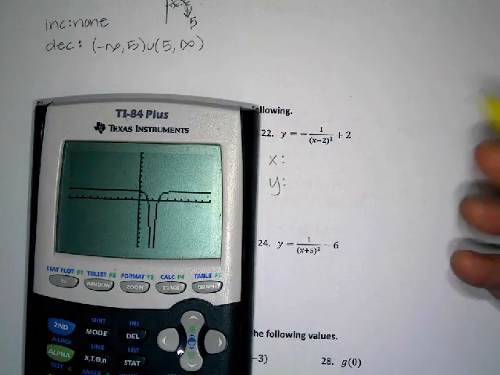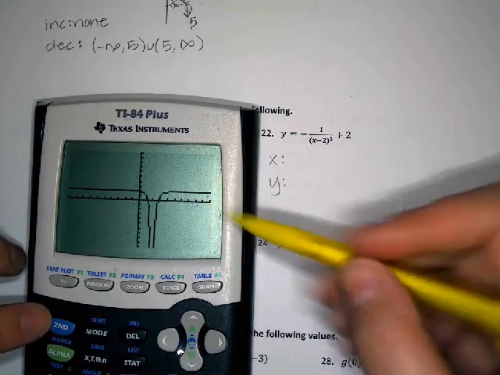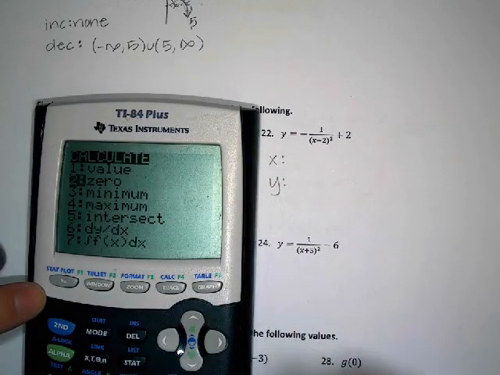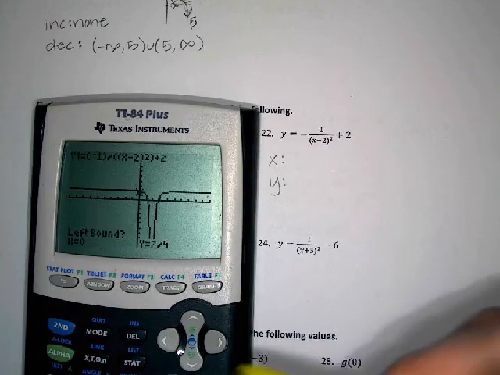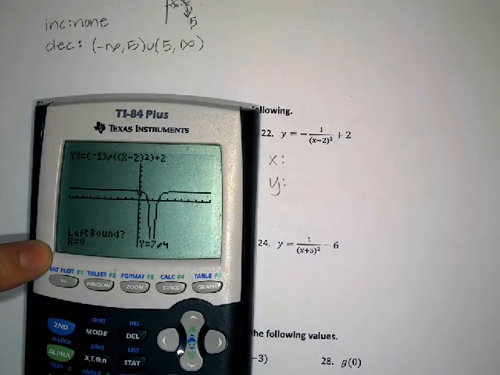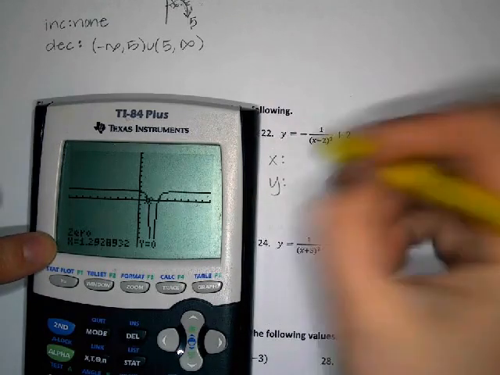So for that x-intercept over here, I'm going to do second trace, option number 2. And to find a number that's to the left of 2, I could do between 0 and 2 for my interval to look. So I'm going to type 0 and press enter, and type 2 and press enter, and I'm going to ignore the guess and press enter one more time. So there's my first x-intercept, 1.293.